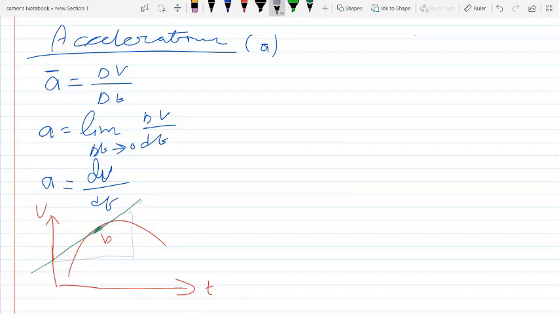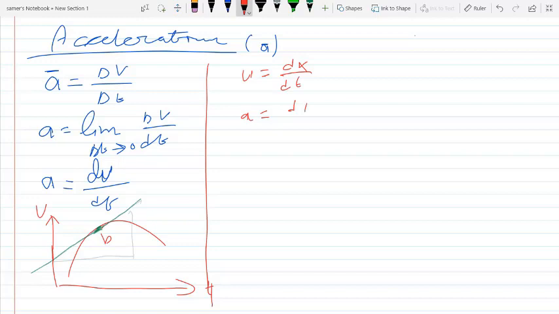So what is the relationship between position, velocity, and acceleration? Now, we said that V is the ratio of x with respect to t, and A is the ratio of V with respect to t. Can we extract the graph of the velocity and the acceleration from the graph of position?